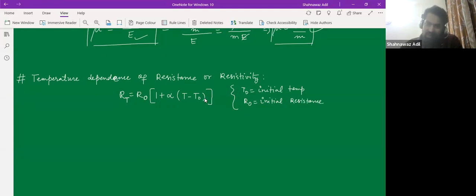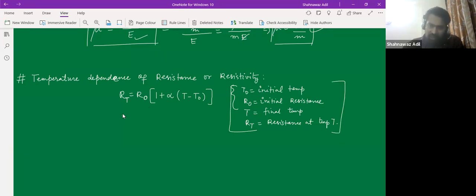Similarly, at temperature T, this T is the final temperature, and R_T is the resistance at temperature T. This is the crucial relation, right?